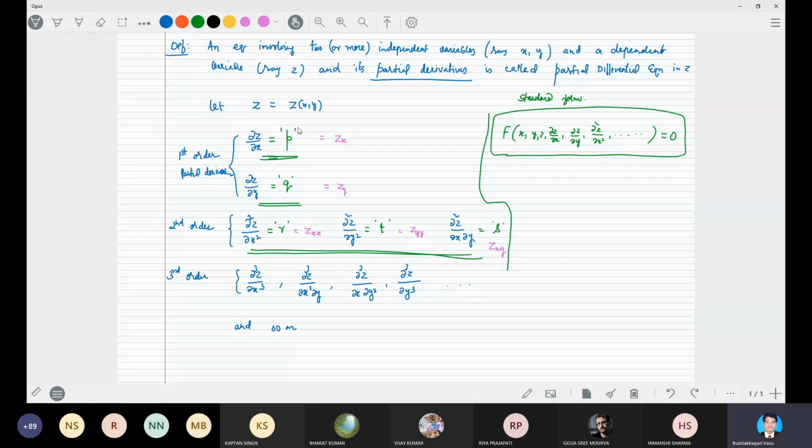Whether the standard notations p, q, r, s, t, they are short forms as z_x, z_y, z_xx, z_yy, z_xy. So the standard form of the differential equation can also be denoted as f of x, y, z, z_x, z_y, z_xx, and so on, is equal to 0. Okay, this is also another form of the differential equation, right?